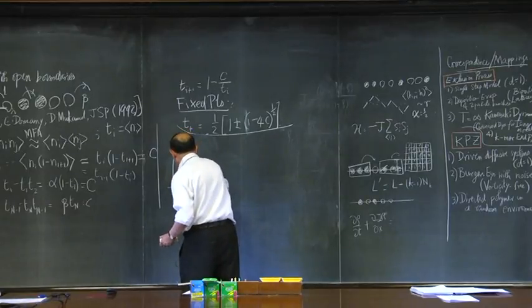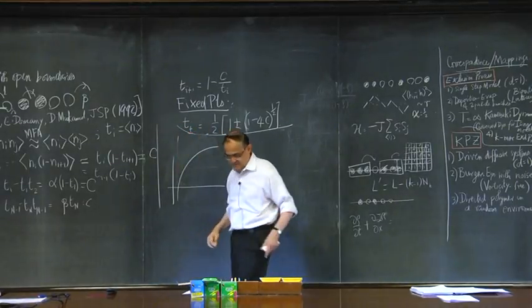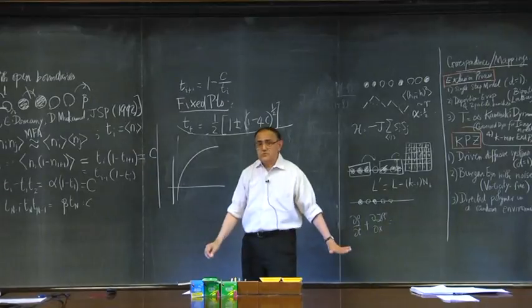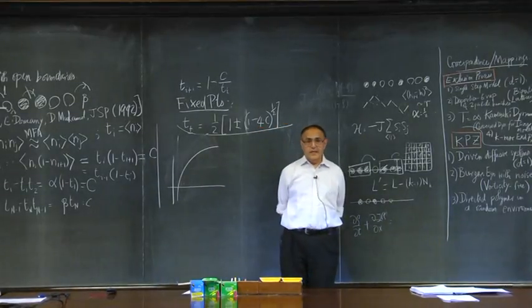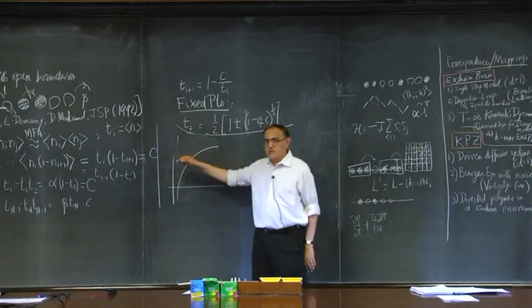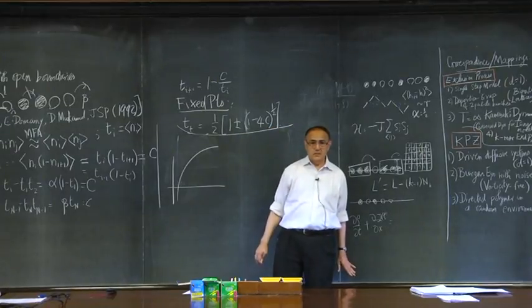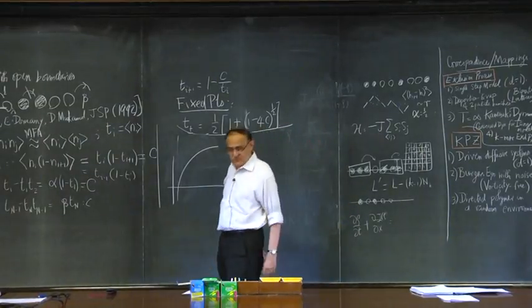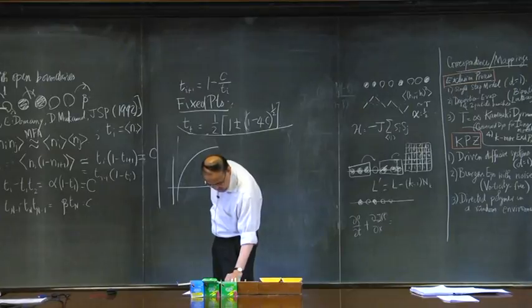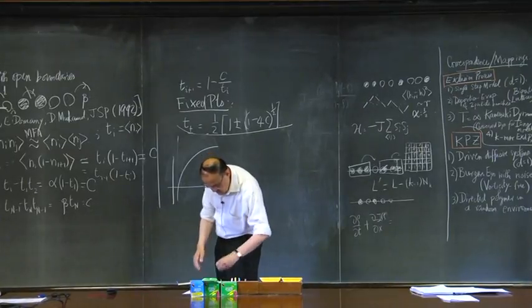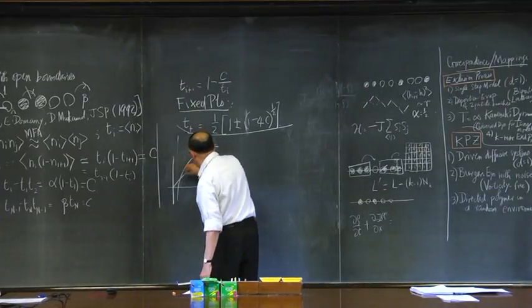Also, for good measure, let me draw the line. This is x and that is y equals x, which is a simple straight line, 45-degree slope, and let me put it in yellow. Here it is.